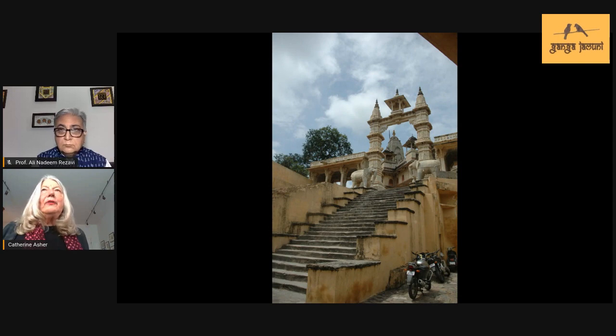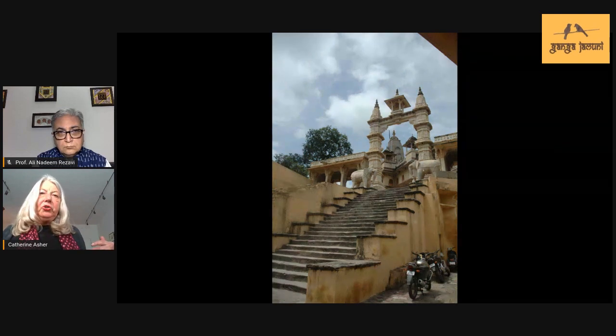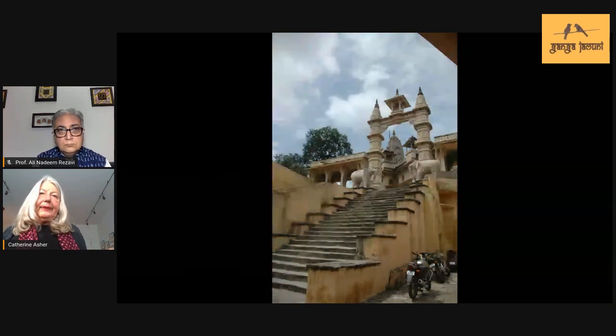Now, elephants are very commonly depicted on the base of Hindu temples from very early on. But it's really with this temple, as far as I know, that you start seeing large-size elephants at the temple entrance.